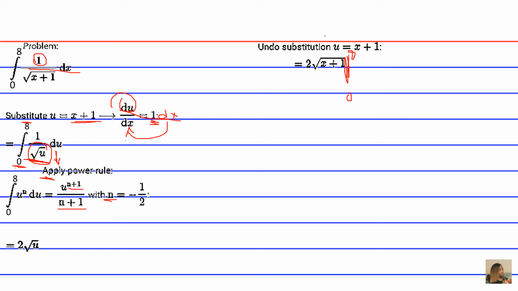So we can go ahead and do that now. If we were to multiply 2 times the square root of 0 plus 1, and then if we were to multiply 2 times the square root of 8 plus 1, which is just going to be 9.